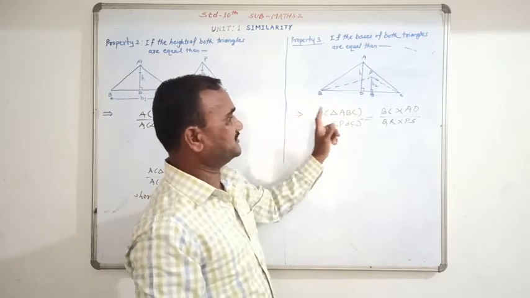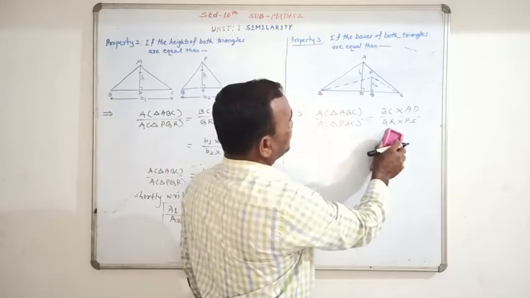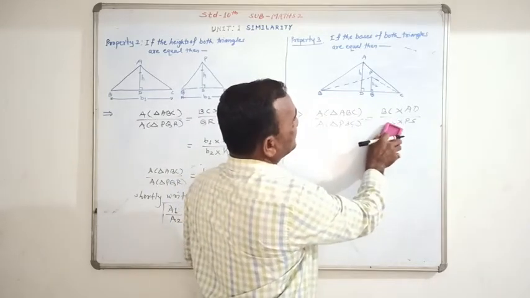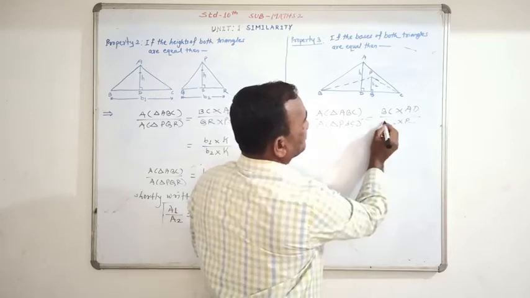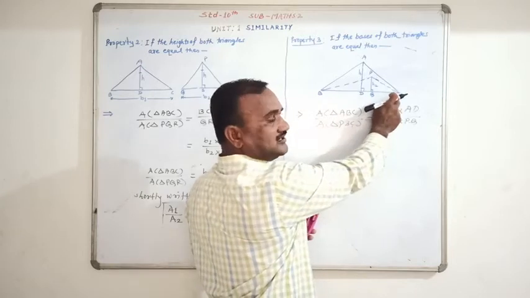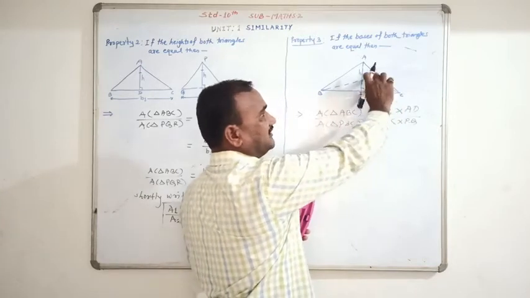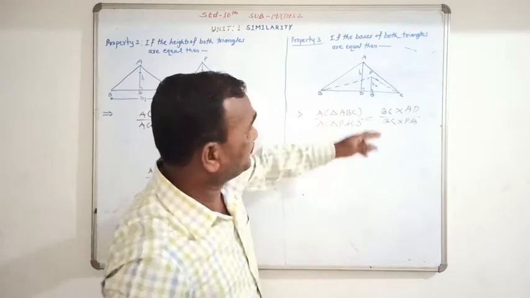So area of triangle ABC divided by area of triangle PBC is equal to BC into AD divided by BC into PQ. Because here BC is the common base both triangles have, and PQ is the height of triangle PBC.